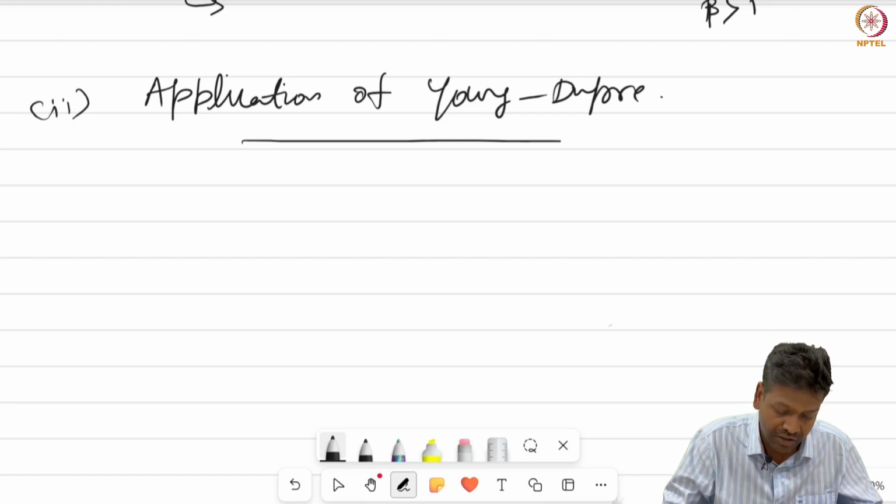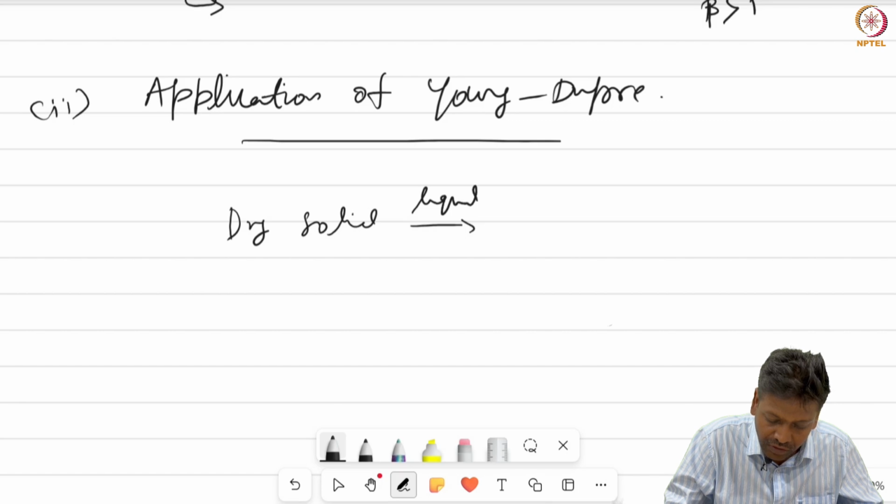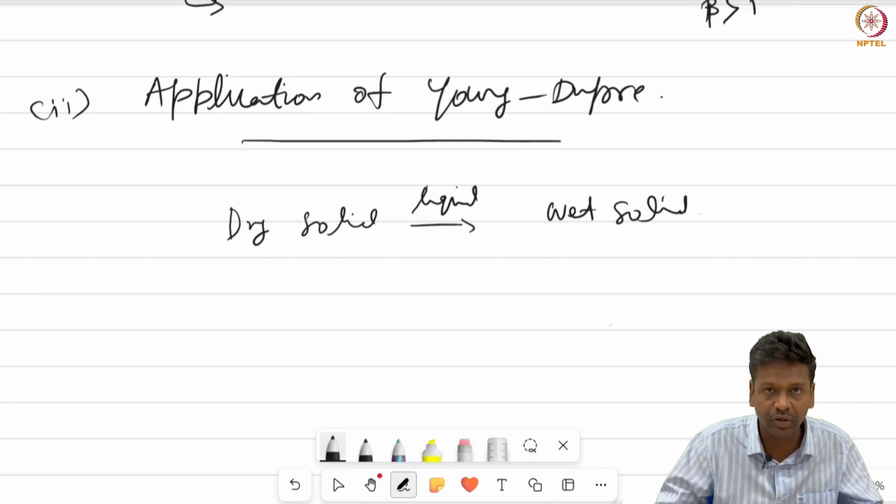So first let us understand how this application of Young-Dupré can be utilized. Let's say we are talking about a scenario where you have a dry solid, and soaking that with the liquid it becomes a wet solid. In this process, it releases some amount of heat.